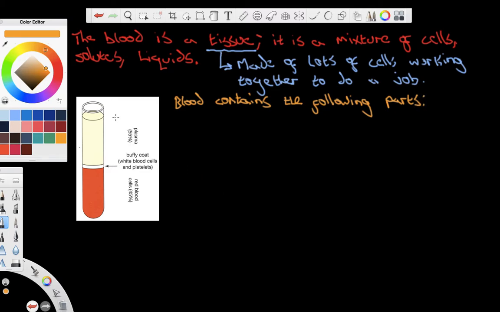The first one we need to talk about is this one here, the plasma, and it makes up 55% of the blood, okay?